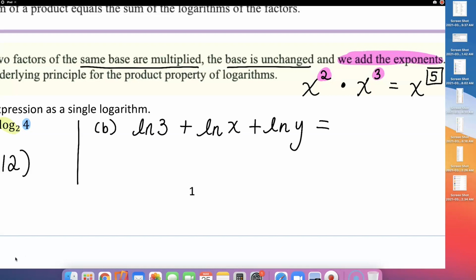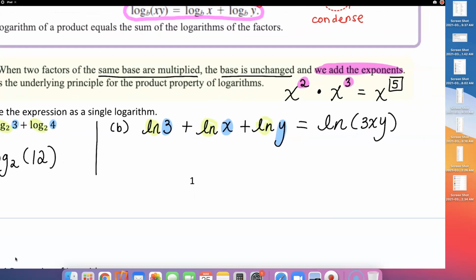They have a common log base of e. So they're all connected by plus signs. So I can write this as a single natural log. But what do we do with these arguments, 3 and x and y? We need to multiply those 3 together and get 3xy.